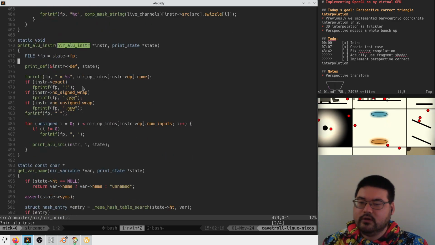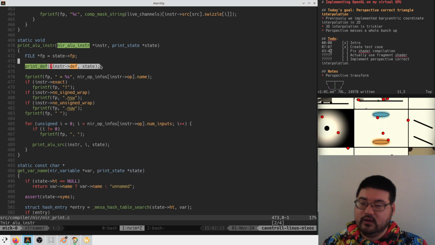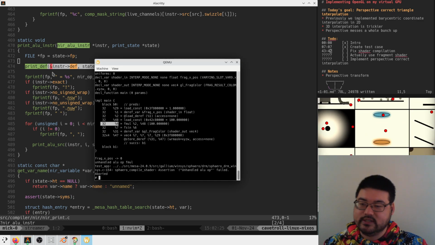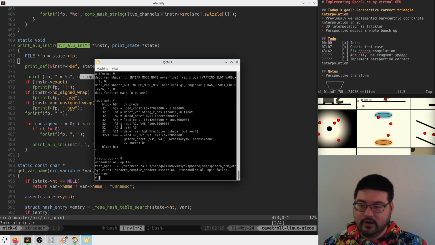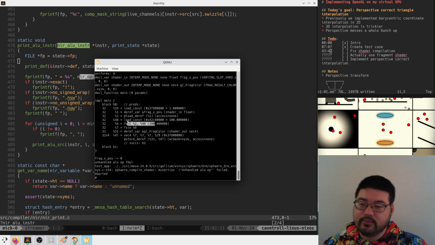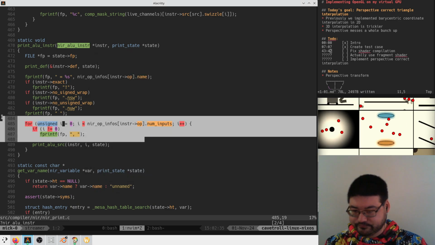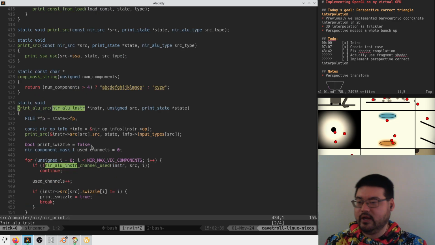They're saying that this thing is equal to this thing, right? Then we see %2, %48. So that's probably this, print ALU source.